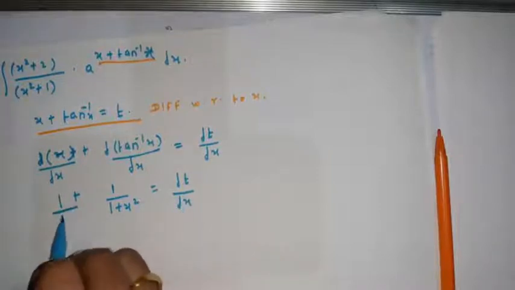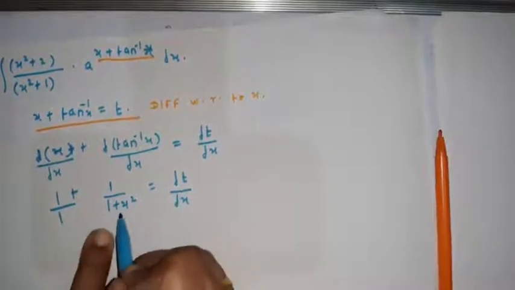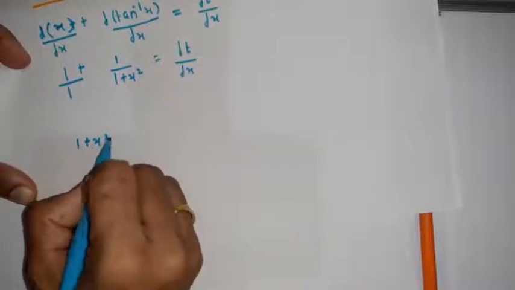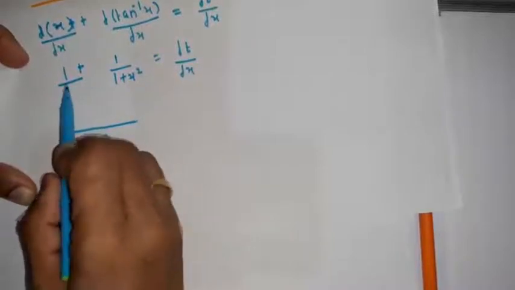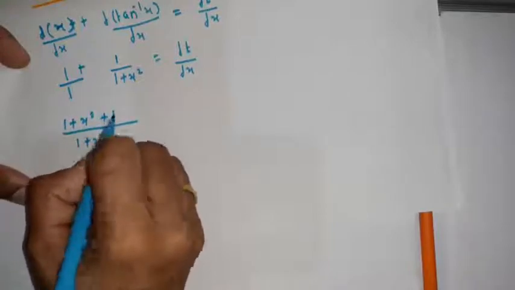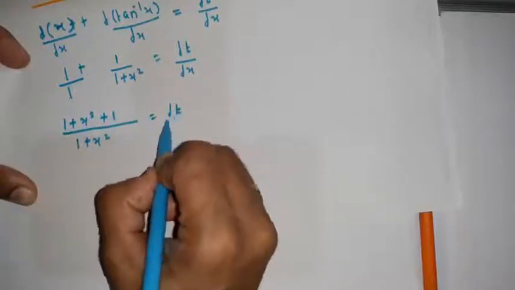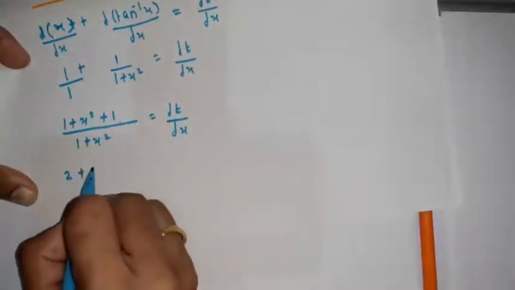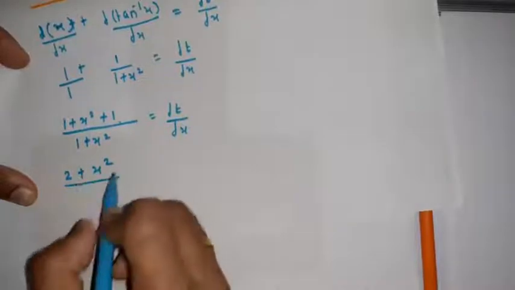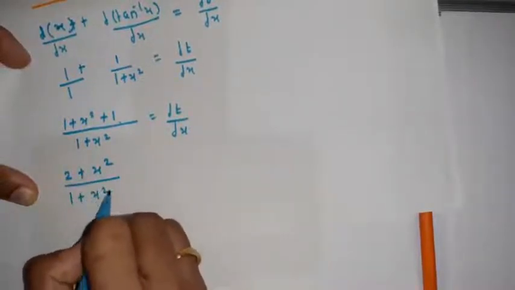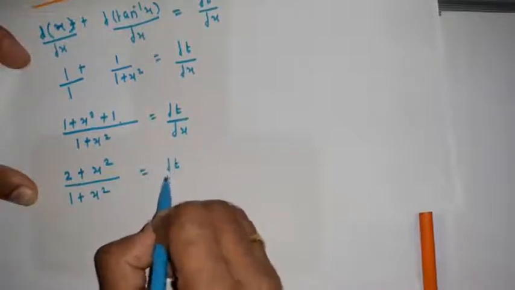So here the LCM will be 1 plus x square. Okay students, so the LCM is 1 plus x square. Multiplying with 1 plus x square, we get 1 plus x square plus 1 equal to dt by dx, and that is 1 plus 1 equal to 2, so 2 plus x square upon 1 plus x square equals dt by dx.